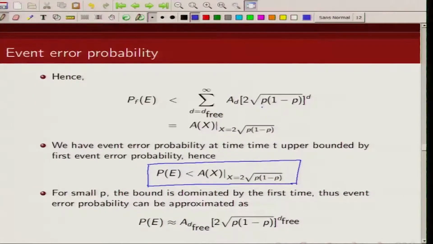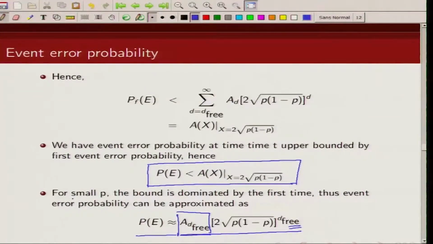So, since the value of p is typically very small, the most dominating term in this error probability expression is your first term, which is the d free term. So, you can also approximate your probability of event error by how many such events are there which have paths which have weight d free, and this raised to power d free.